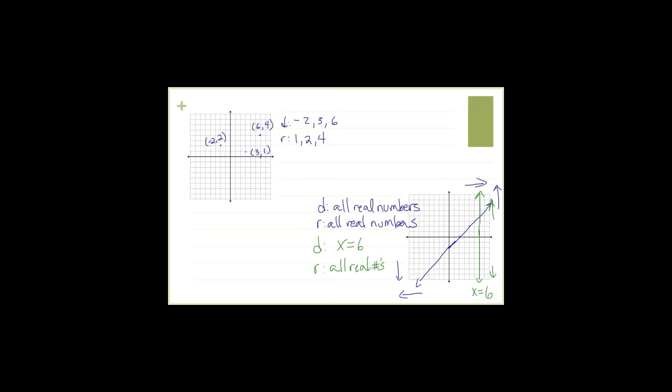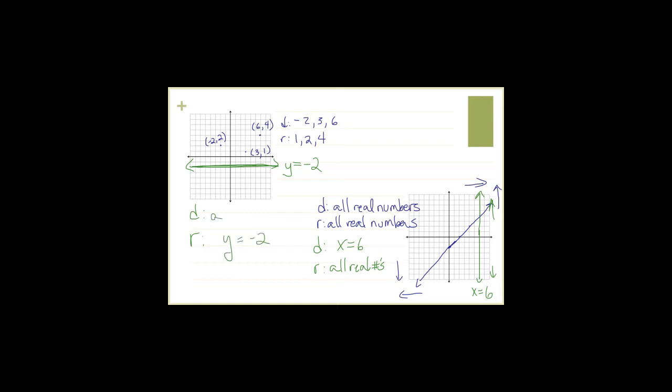I'll move back to the other part of the other slide. Same thing if I have, let's say, a horizontal line at -2. That line is y equals -2. Domain of that one and range of that one. Well, the range: the only y value is -2.